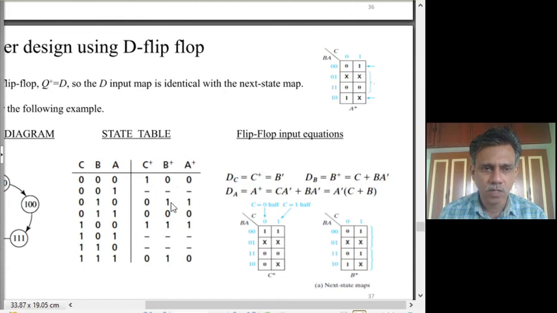So read out this column and fill it here. The column corresponding to C equal to 0 has to be filled, followed by a column corresponding to 1. The corresponding entries are 0x, 0x, 0, 1, and then 1x, 1x. So that is how you get it.